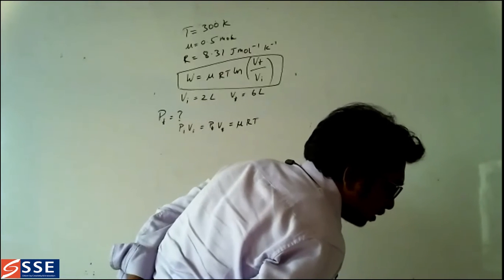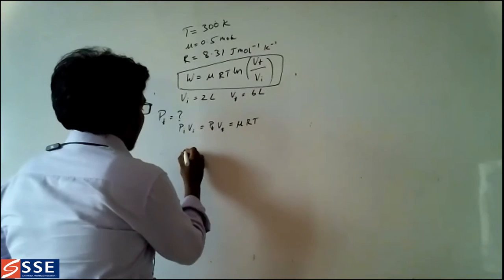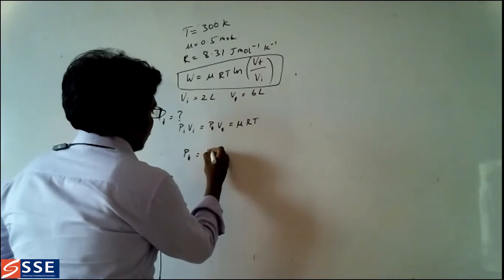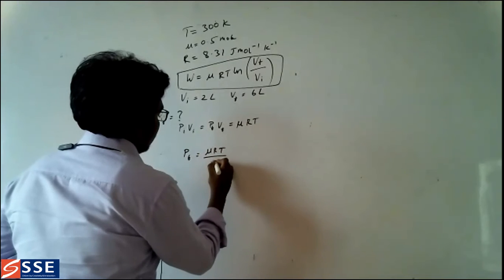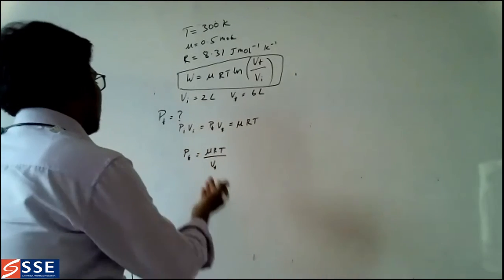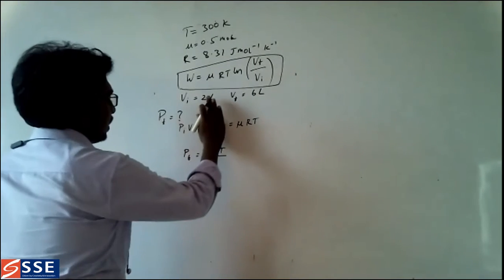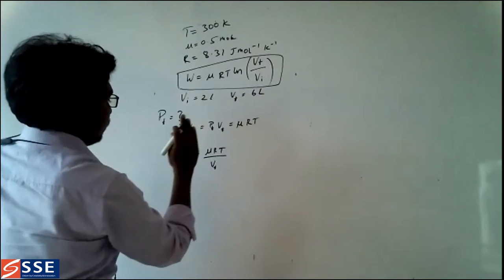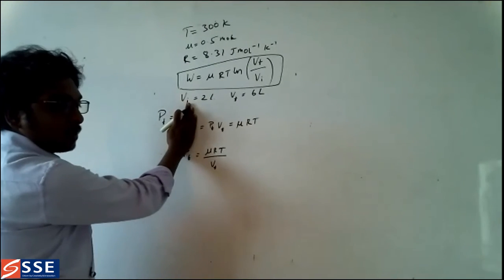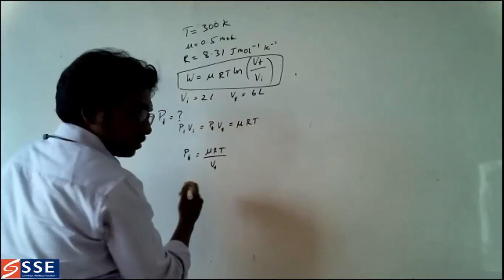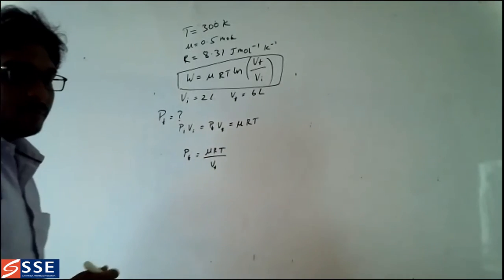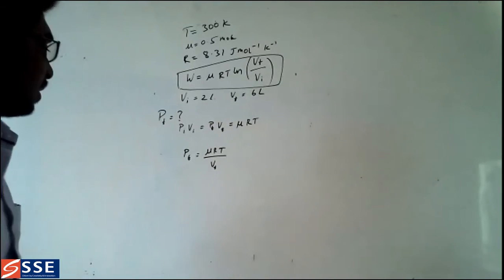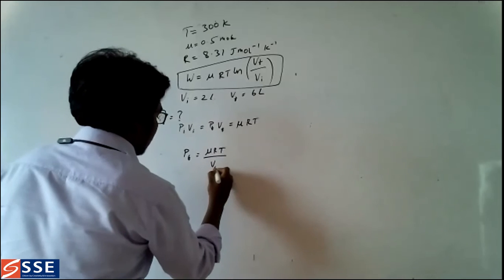So then we will put Pf is equal to mu RT by Vf. If you want initial pressure, you can use this formula; if you want final pressure, you can use this formula. So now Pf is equal to mu RT by Vf.